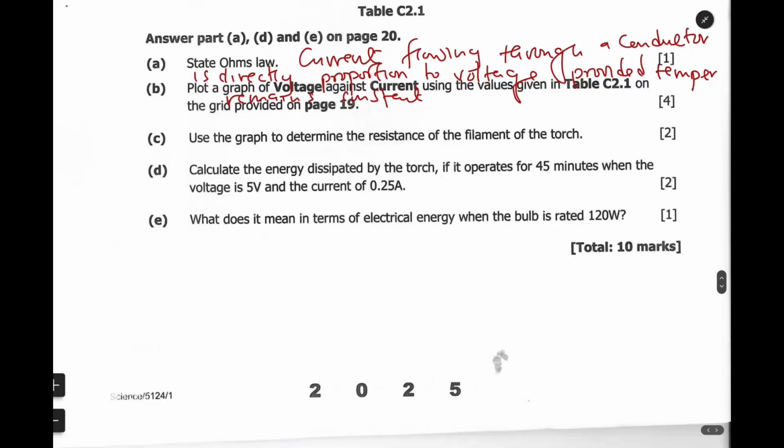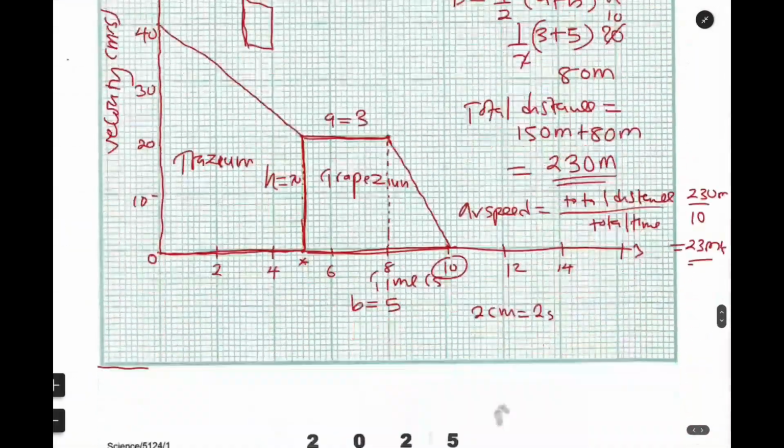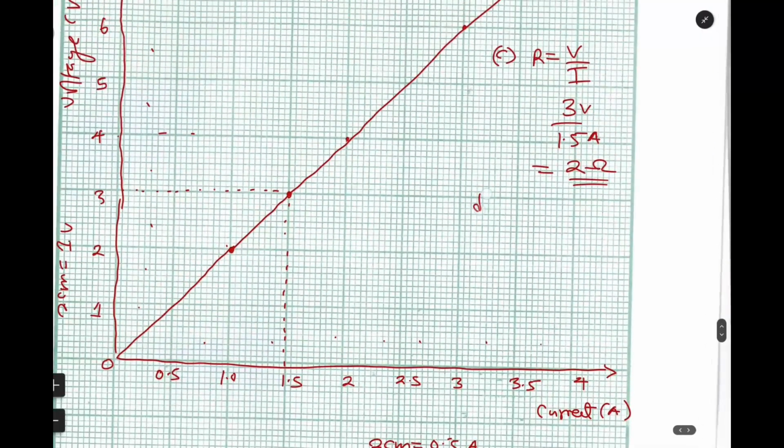Calculate the energy dissipated by the torch if it operates for 45 minutes when the voltage is 5 and the current is 0.25. So what is energy in this case? Energy is equal to power times time.